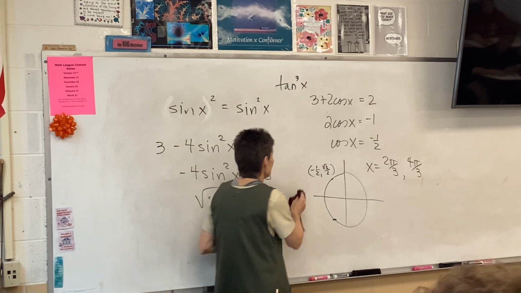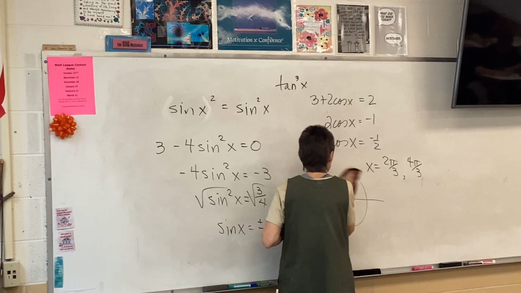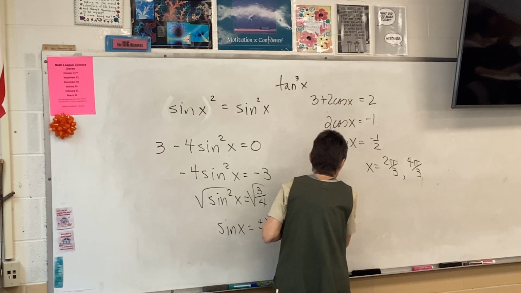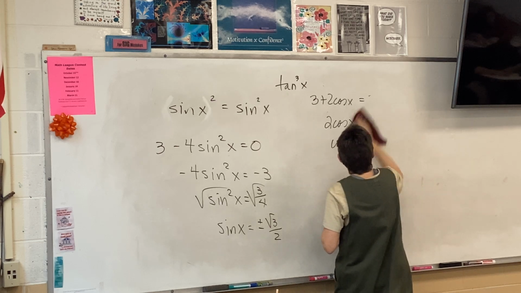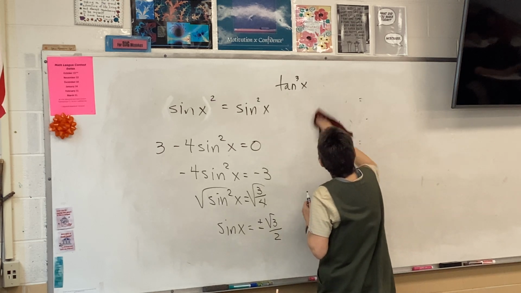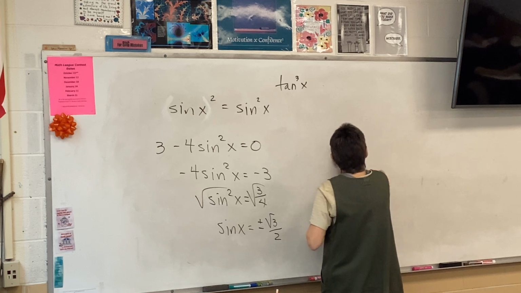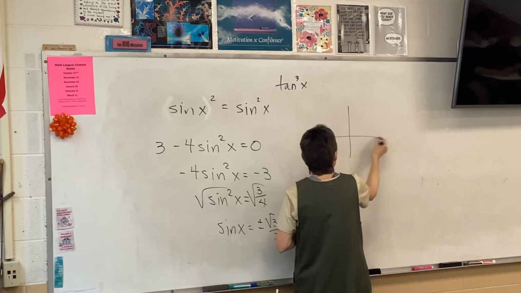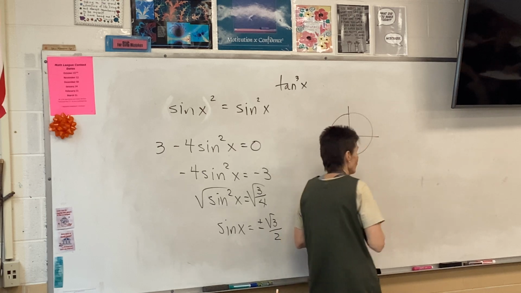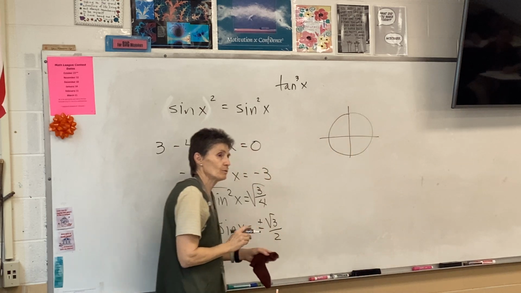Now luckily, we're again between 0 and 2 pi. So we have to look at our circle, but we only have to look at the circle once around. Where does the sine equal positive or negative root 3 over 2?